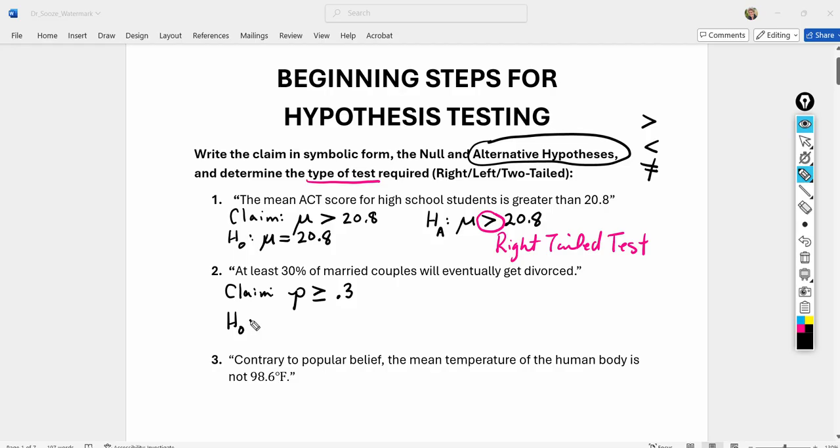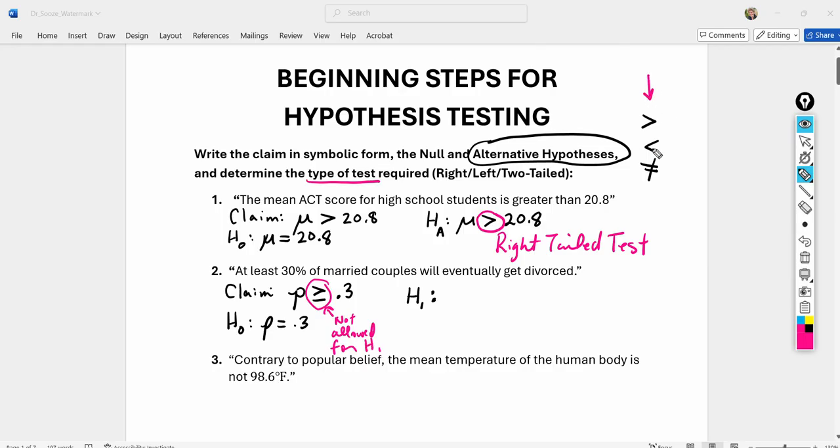The null hypothesis is the original claim written with an equal sign, always. Now, the alternative hypothesis, which I'll write here with a 1, because different textbooks use either H of A or H of 1. I look at the original claim. This symbol is not allowed for the alternative hypothesis.